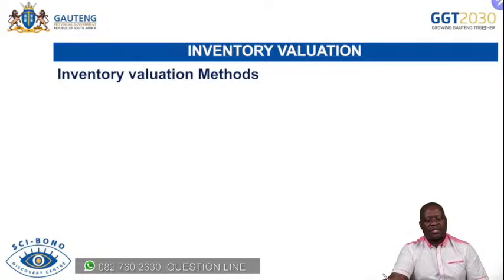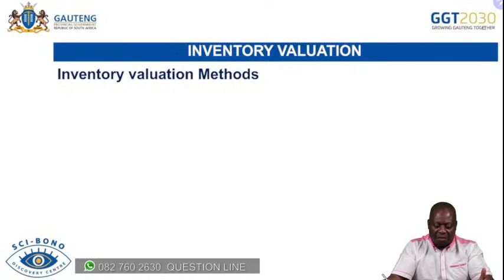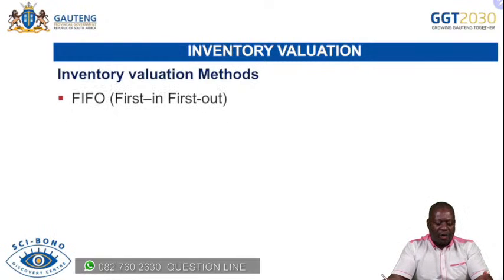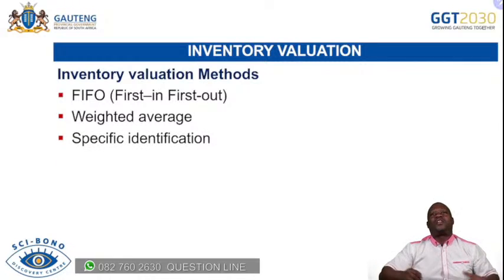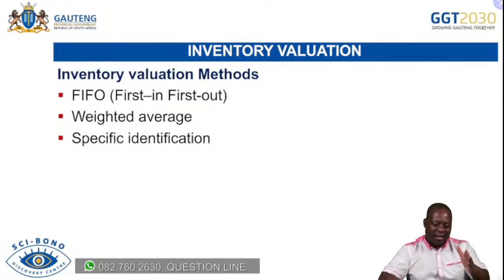Now, you are going to see that when it comes to inventory valuation methods, we are going to be looking into 3 of them. The first one, first in, first out. In short, FIFO. What does this method say?